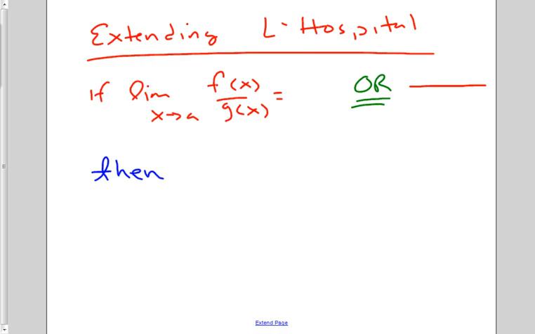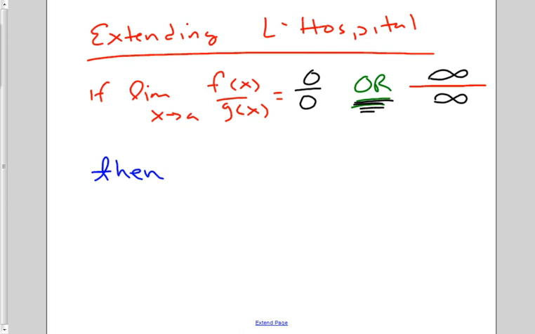So we can extend L'Hopital's rule a little bit. What we showed before is that if the limit as x approaches a of f of x over g of x equaled 0 over 0, then we could look at the derivatives. But we're going to extend it. It also can be used if, when we evaluate the limit, we get infinity over infinity.